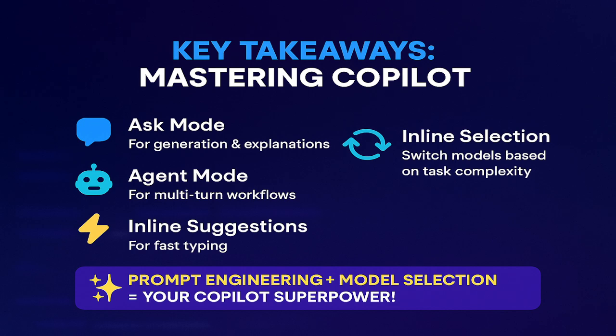Inline suggestion you can use for fast typing and boilerplate code. If you want to avoid typing, it can give you hints. So in a nutshell, we have all these different modes and different models. The idea is to correctly utilize these different modes and models to empower your coding.